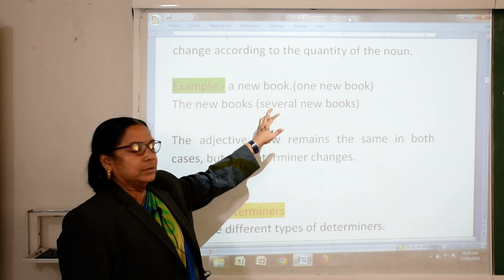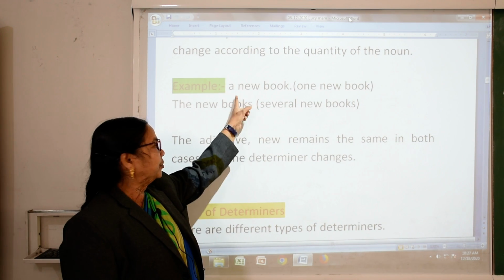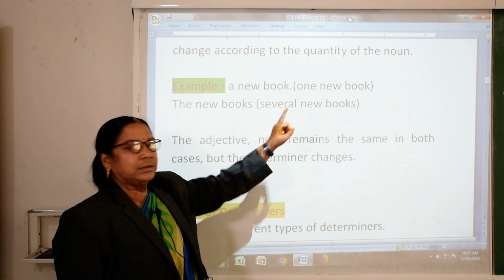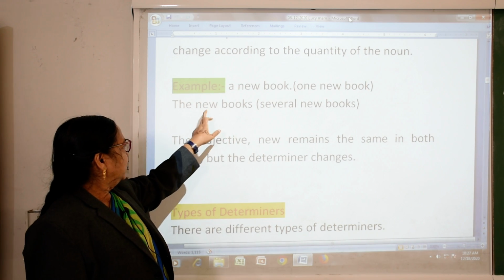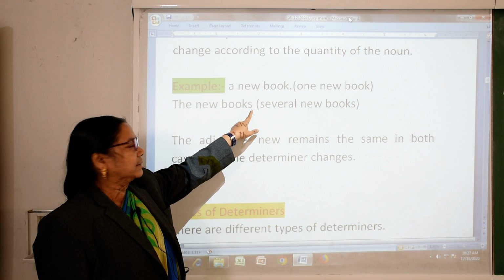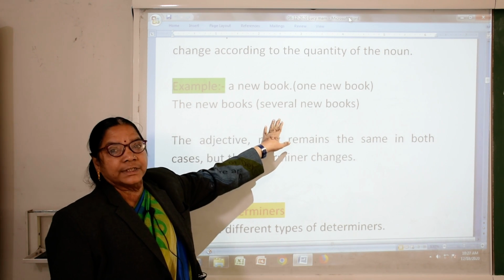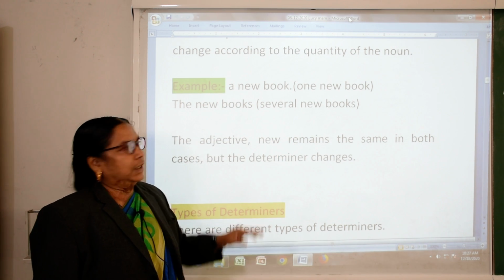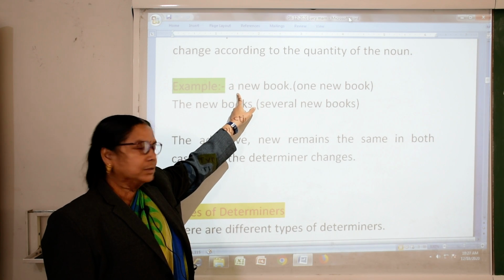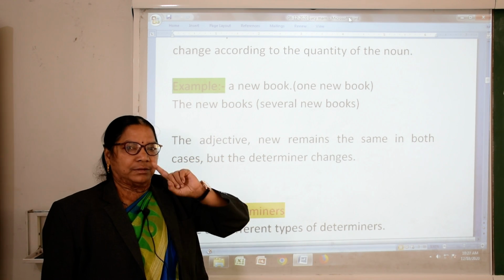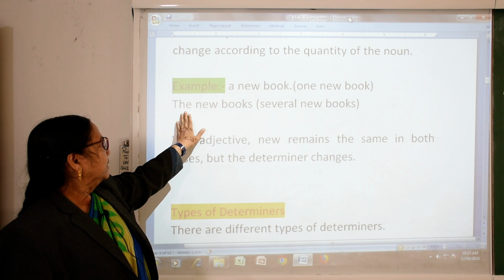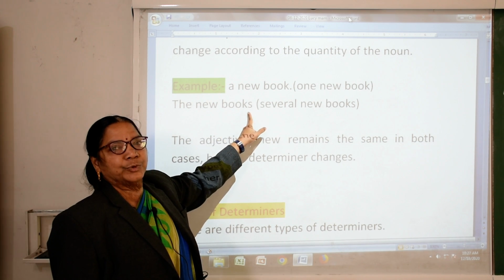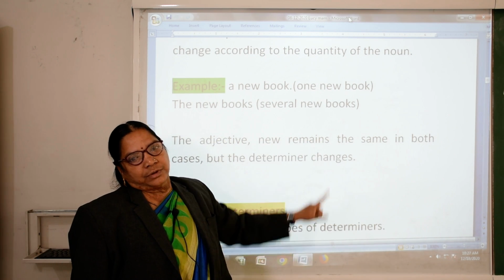A new book means one new book. Here, several new books. In a new book, a means one, and in the plural, several is put: several new books.